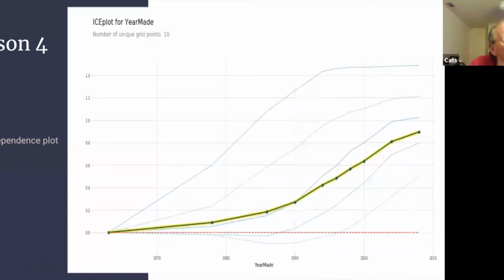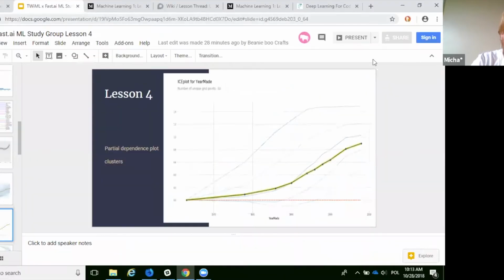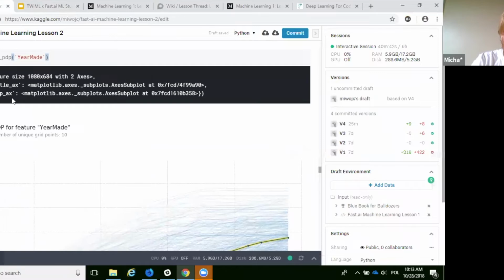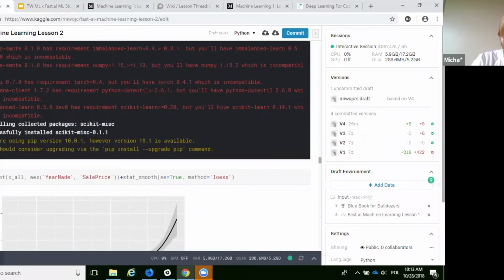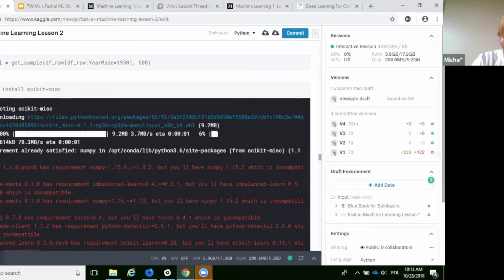Which kind of plot is he using there? Yeah, so this is from this PDP library, partial dependence plot, I think that's what it is. So you have to import that library, PDP. If you look at the code, it's here. So in the kernels, I believe I had to import that one, or maybe not.